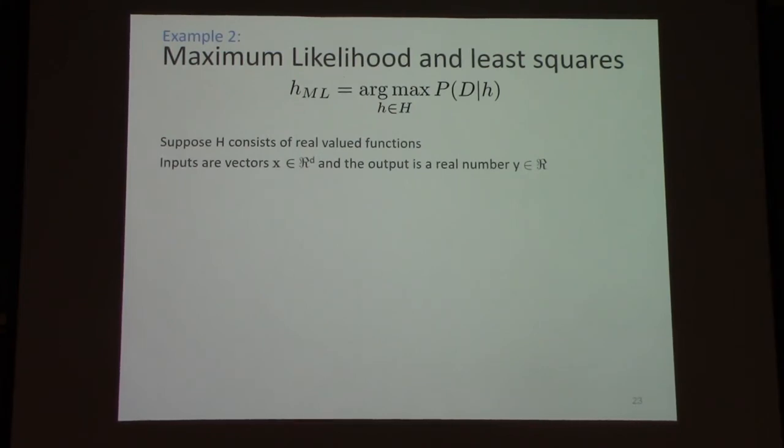Suppose we care about regression, which means we need to predict real valued outputs. So the input, let's say, is some feature vector x, and the output is a real number. And we want to search over all functions that can take these kinds of feature vectors, these points in d-dimensional spaces, to real numbers. So the x's are vectors and the y's are real numbers.